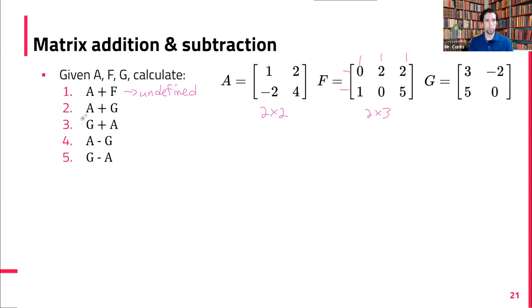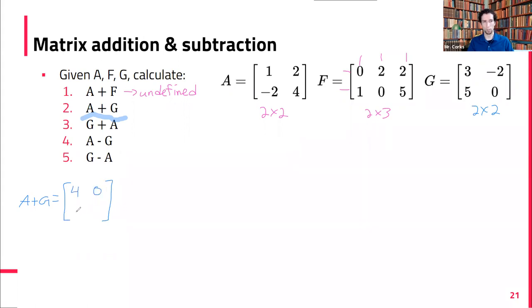All right, let's try the next one. So A plus G, is that operation possible? Yes, it is. Okay, so G is a 2 by 2 matrix also. So let's actually do that. A plus G. The numbers are not especially hard here. Tell me what the first row would be of our resulting matrix. 4, 0.